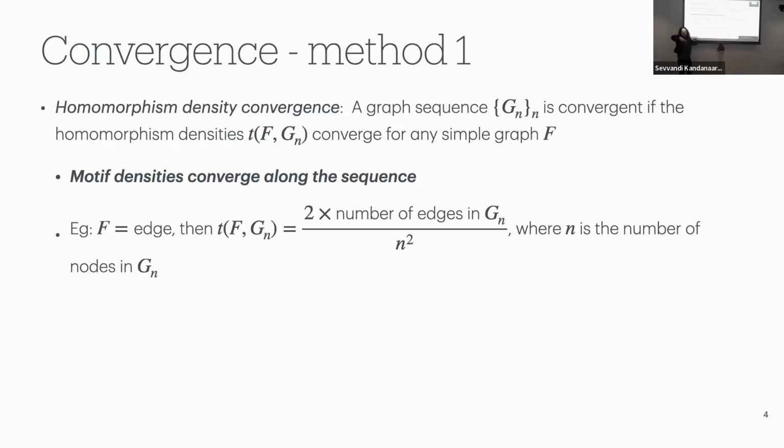Does that converge along the sequence? And you can see where the densities of different motifs converge. If those converge, then that sequence converges to a Graphon. That is how convergence is defined, because the graph sequence has increasing nodes, so you've got to map these massive objects to a compact thing.